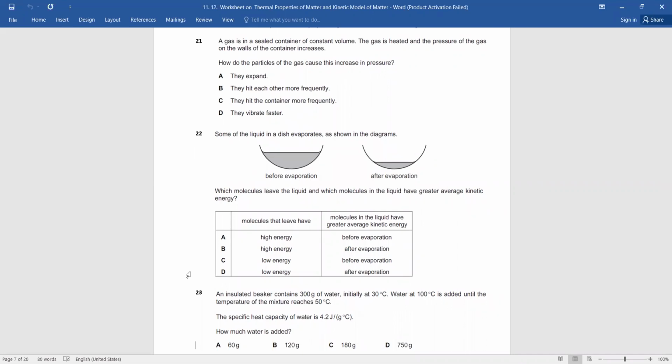Some of the liquid in a dish evaporates as shown in the diagrams, before evaporation and after evaporation. Which molecules have left the liquid, and which molecules in the liquid have greater average kinetic energy? The similar one we did before, right? Yesterday we did a similar one.